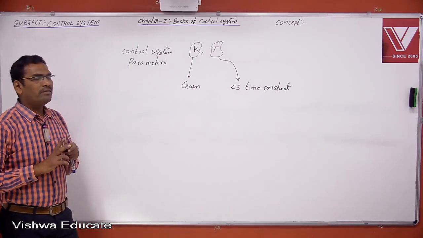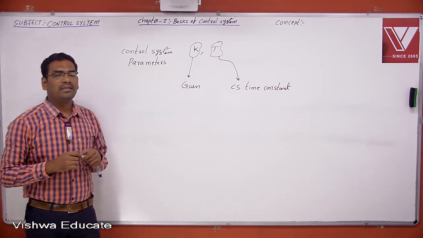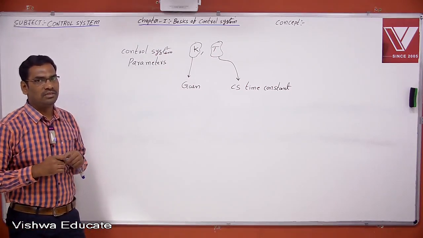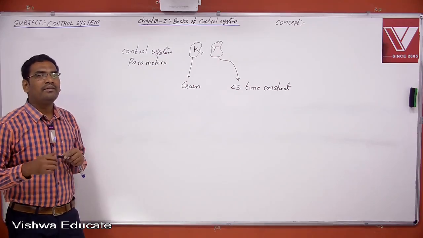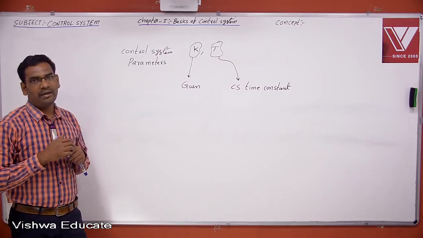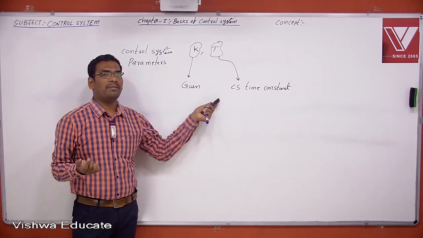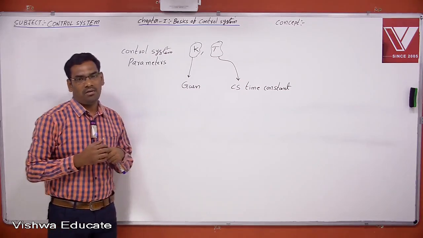These are the control system parameters. Then we now try to find how to find the control system parameters. One control system parameter is gain and another control system parameter is the control system time constant.